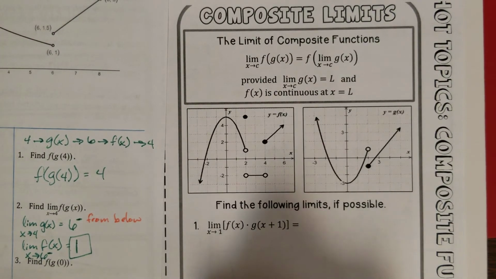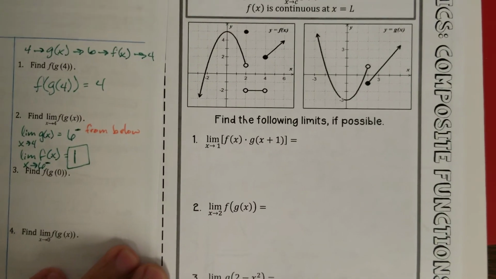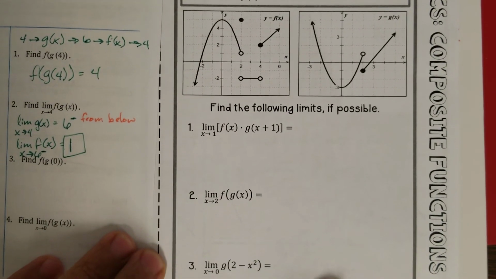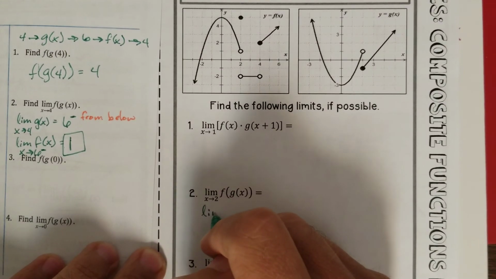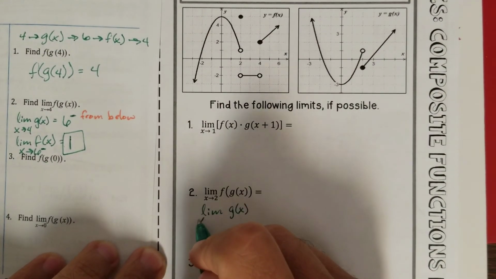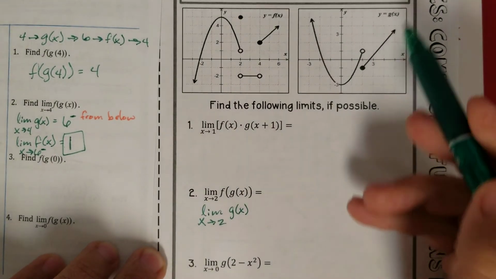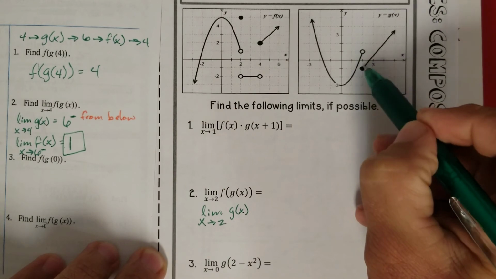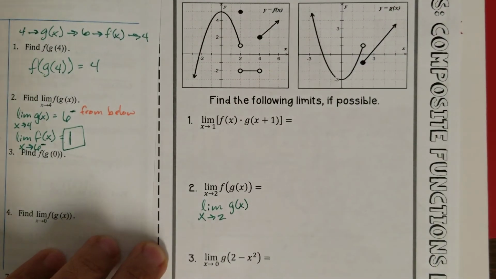So here I'm going to find the limit of g. Can you see it there? There it is. The limit of g as x approaches 2. Okay. So that does not exist. So now let's look at it.